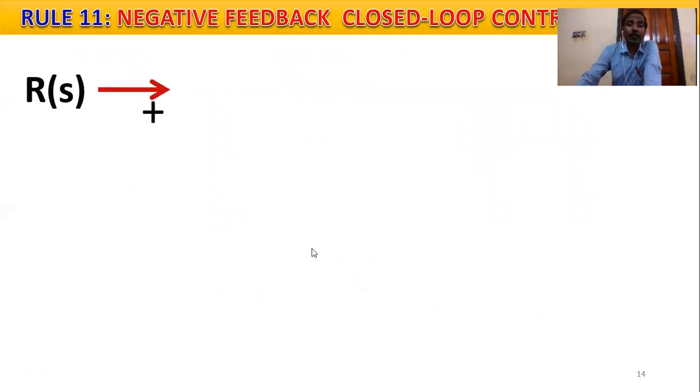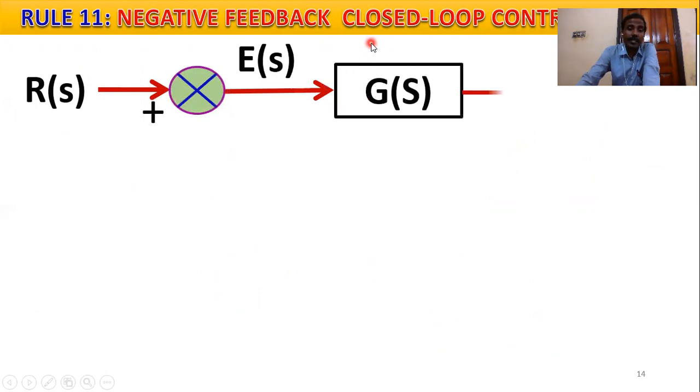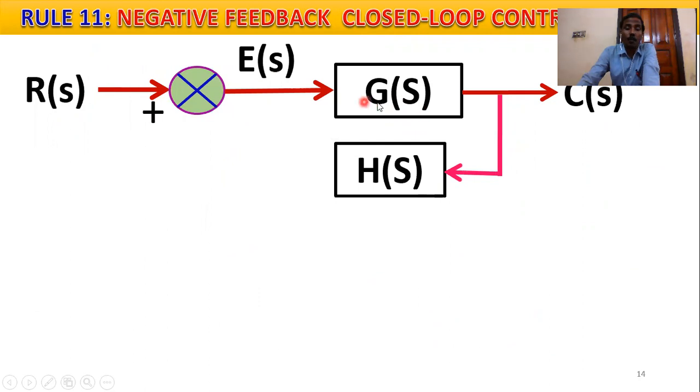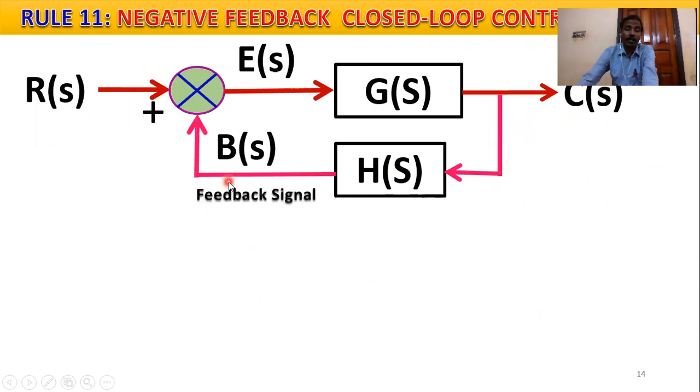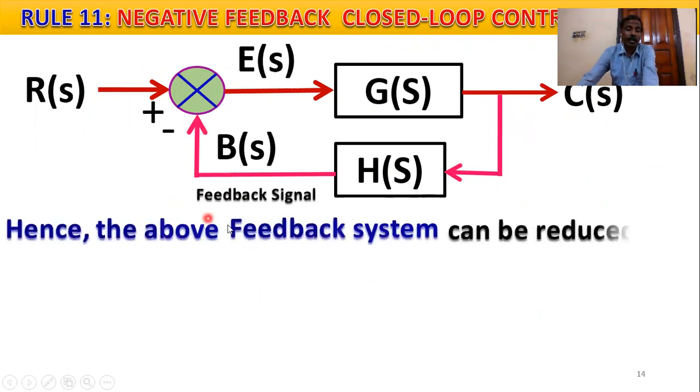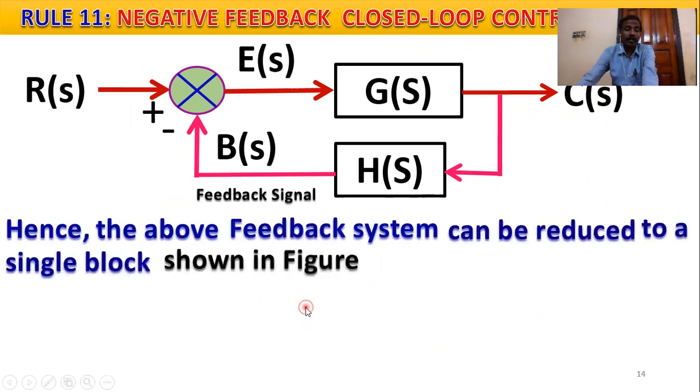Then negative feedback closed loop control systems, already discussed in lectures number 18 and 19. This is the reference input, this is the forward path, this is the comparator, E(S) equals the actuating signal, G(S) equals the plant gain, and this is the controlled output, and H(S) equals the feedback gain, and this is B(S), the feedback signal. Hence the above feedback system can be reduced to a single block shown in the figure below.